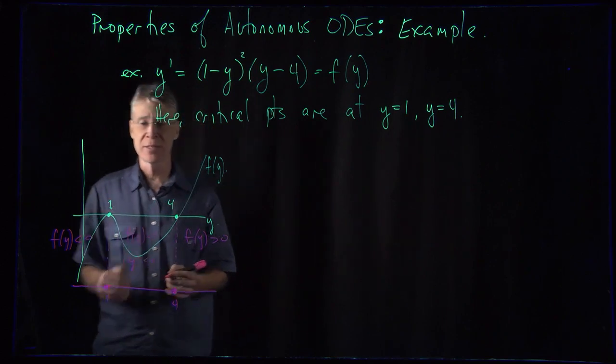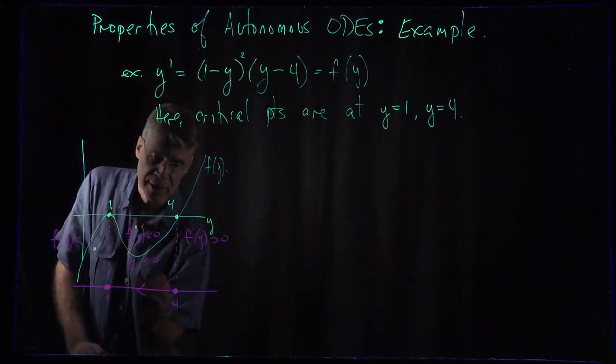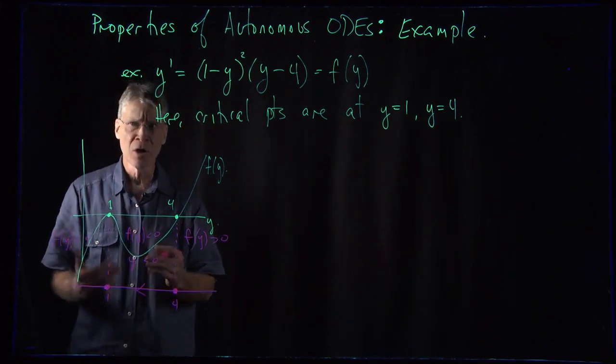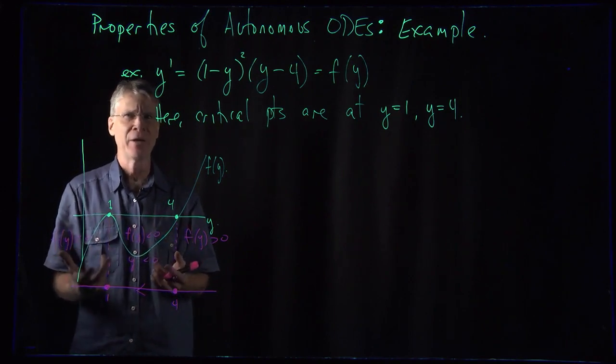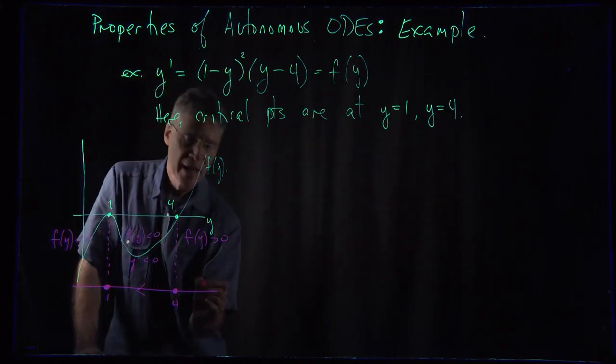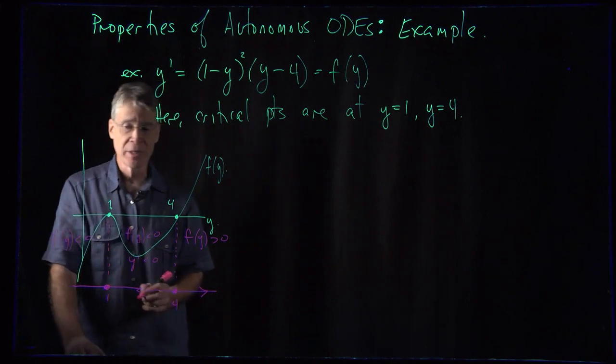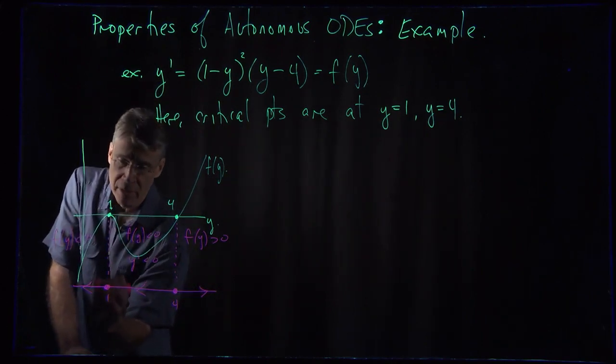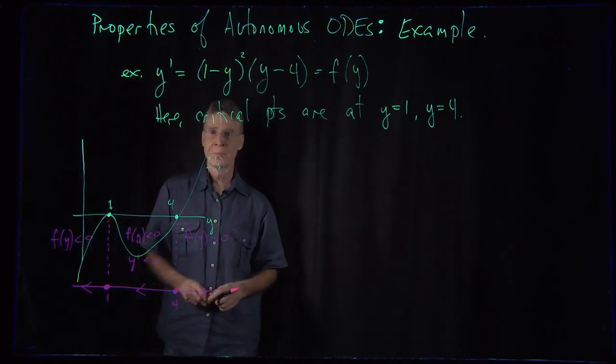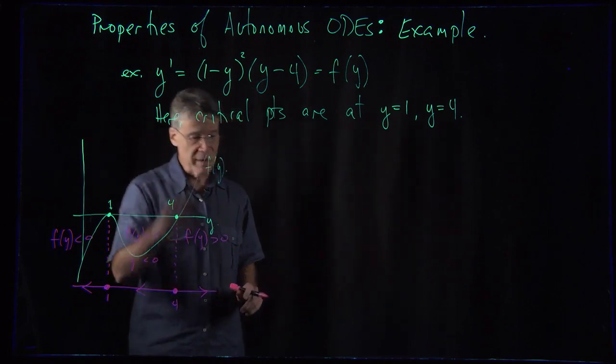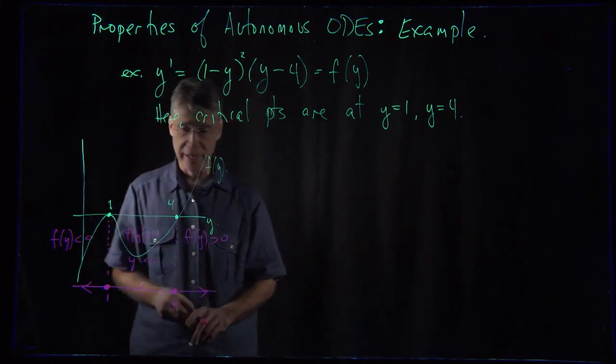So I know that I'm moving in this direction. All of my solutions are losing y values as time is increasing. I know here I'm increasing, and I know here I'm also decreasing. So this is my phase line, and we can see this right away.